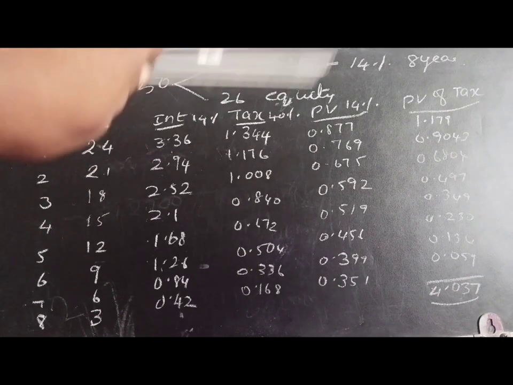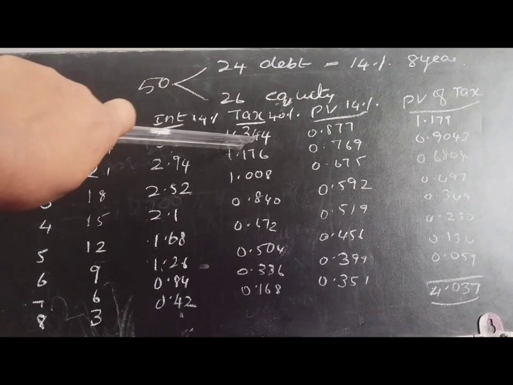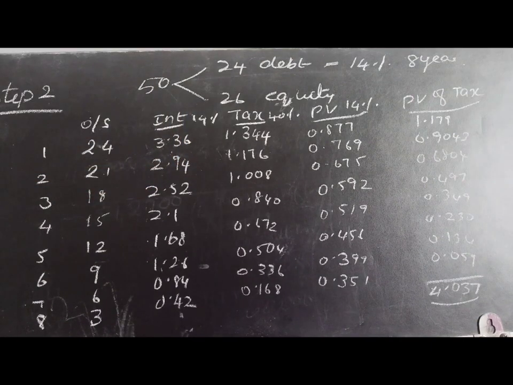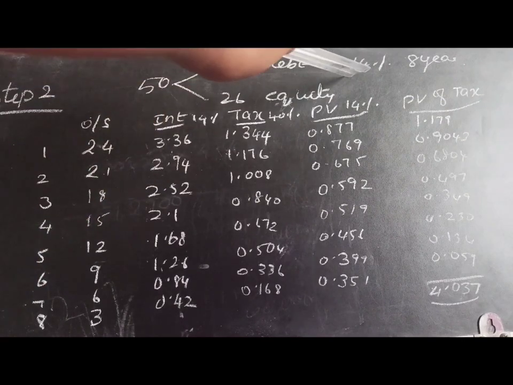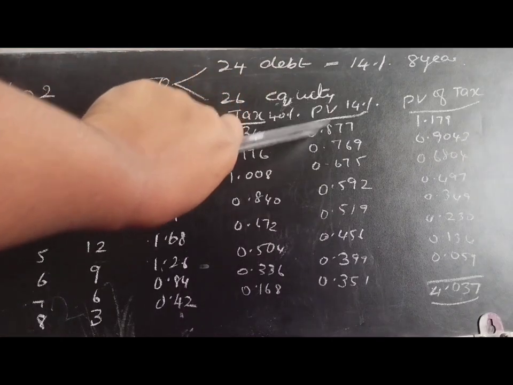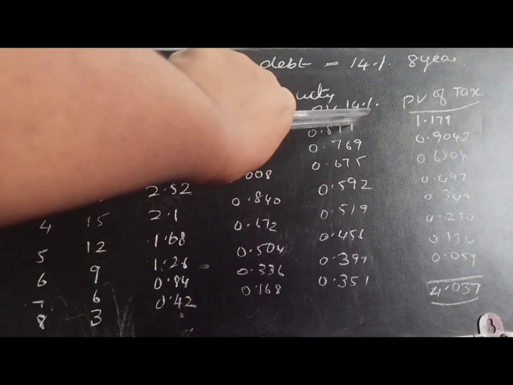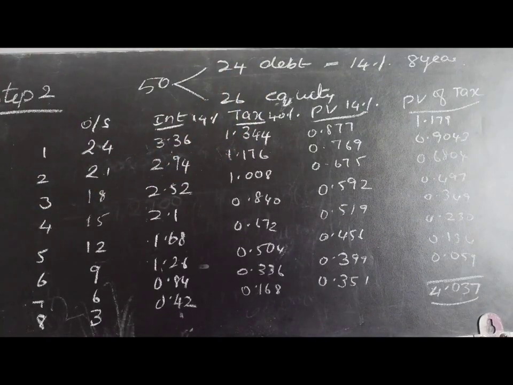Then for this tax amount, we need to find the present value factor. When we calculate the net present value, we consider 15% for finding present value. Here debt percentage is 14%. So we need to find the present value factor using this 14%, not 15%.